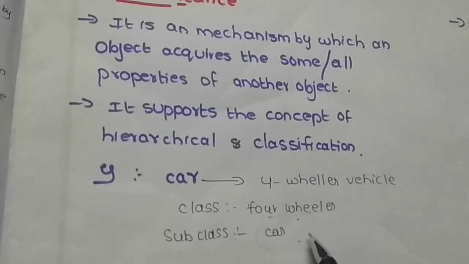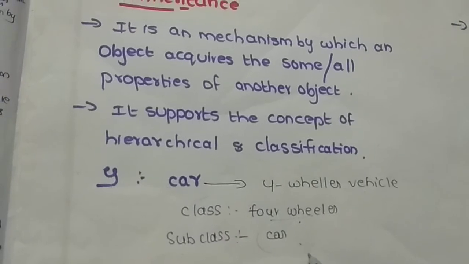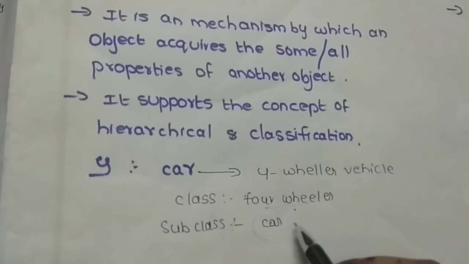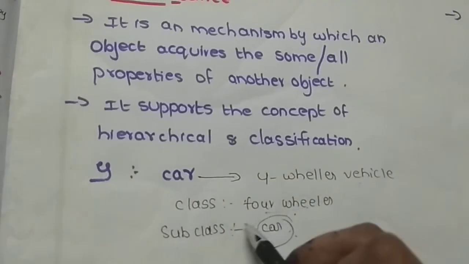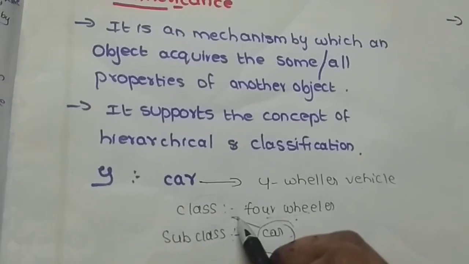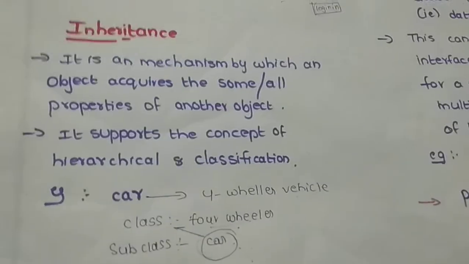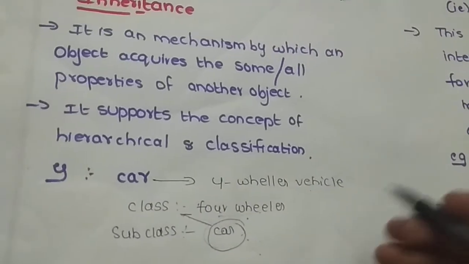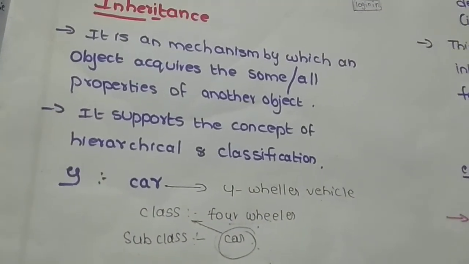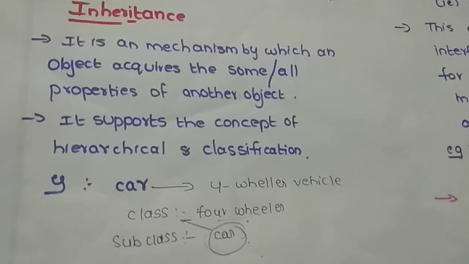Here the car acquires the properties of the class four-wheeler. It may also have other classifications like Jeep, Tempo, Van. All these are four-wheelers only.